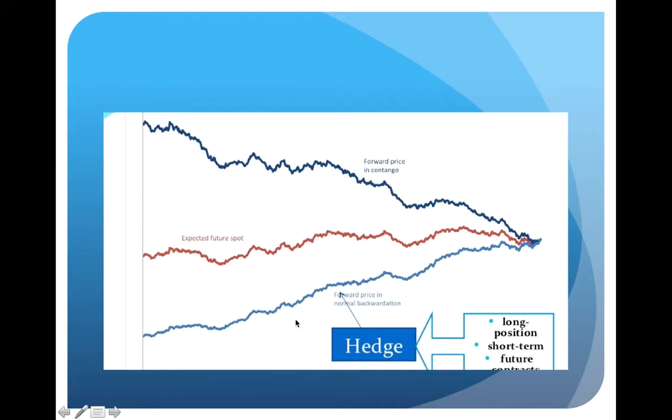So in a normal backwardation market, you say that, well, we expect the price to rise. So if you expect the price to rise, what kind of position will you take in the futures market? Obviously a long position. And mind it, they have a short position in the forward market, and the forward market is a long-term market. In addition to that, they took a long position in the futures market.